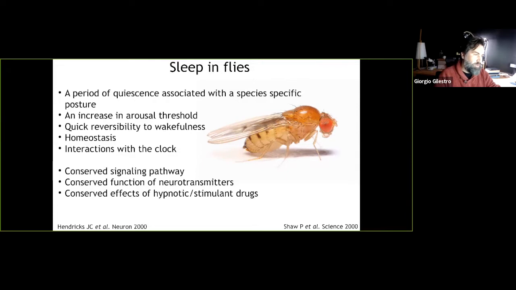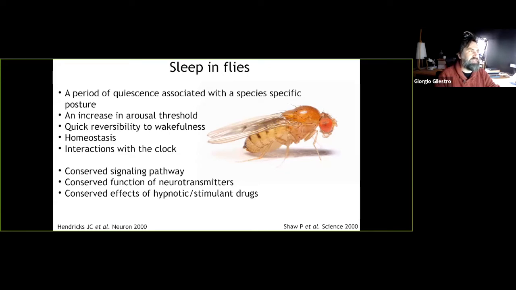So we use flies, and I hopefully expect most of you to be familiar with the animal model. I just want to remind you that the reason why we use flies is because we believe they do sleep. They show all these typical characteristics of sleep. They satisfy the textbook definition of what sleep is.